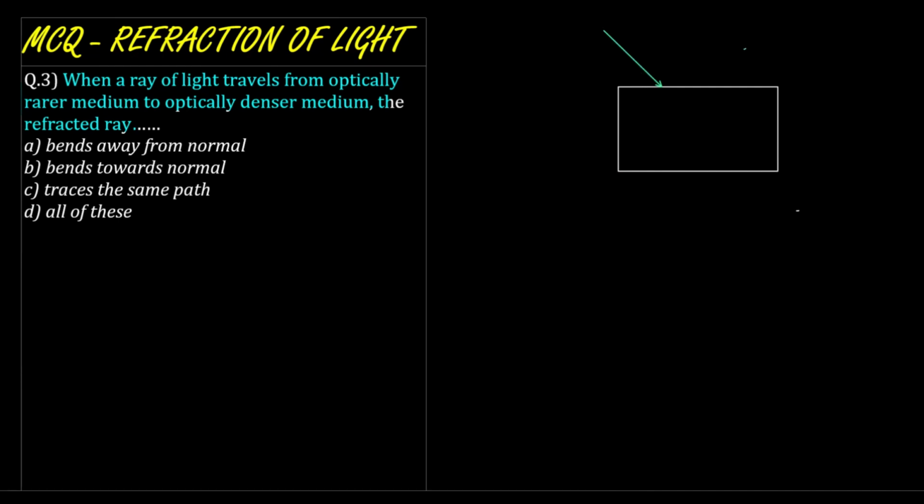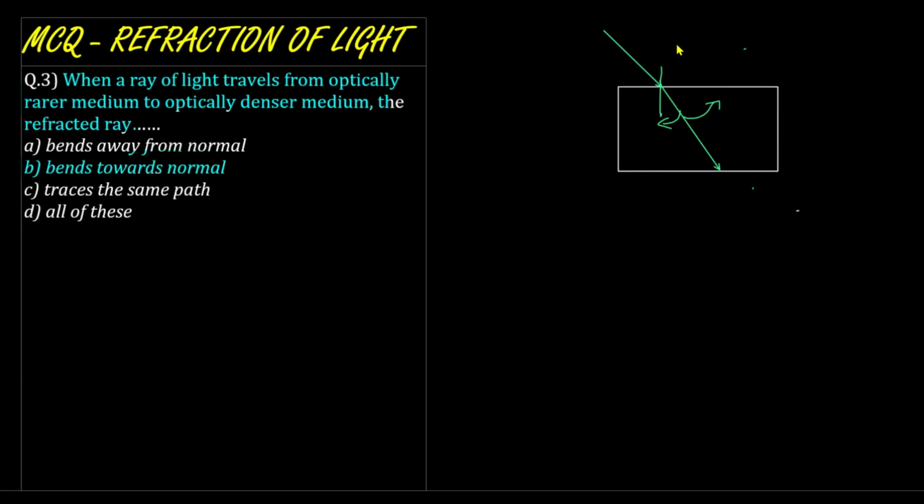And if I make a normal over here, what you should know is that in case of an undeviated ray, it should have gone straight, but as it is moving from an optically rarer to optically denser medium, it should bend towards normal. You see, it is bending towards normal and not away from normal. Well, that's an easy question. That's a basic one; bend towards normal is the correct answer.